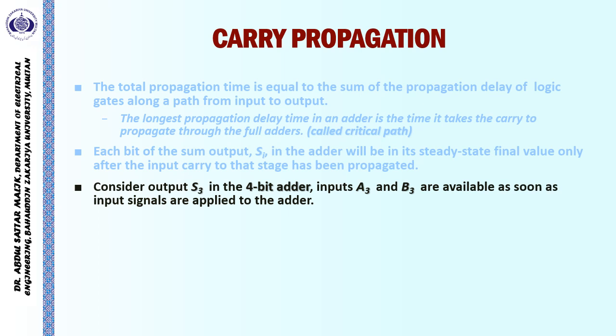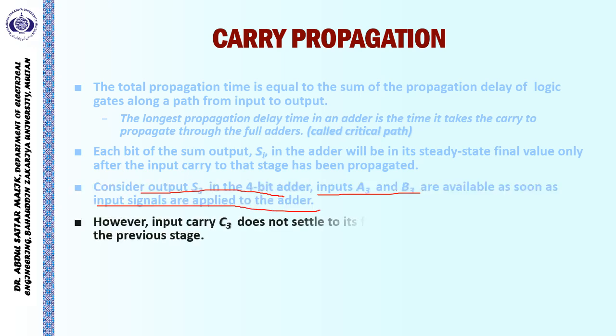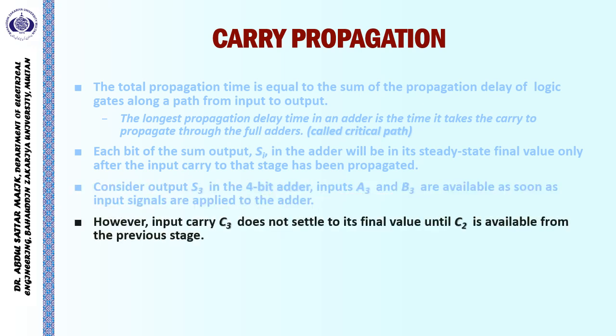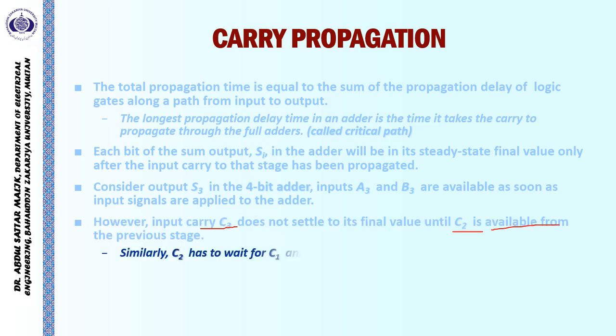Consider output S3 in the 4-bit adder. Inputs B3 and A3 are available as soon as the input signals are applied to the adder. However, the input carry C3 does not settle to its final value until C2 is available from the previous stage.